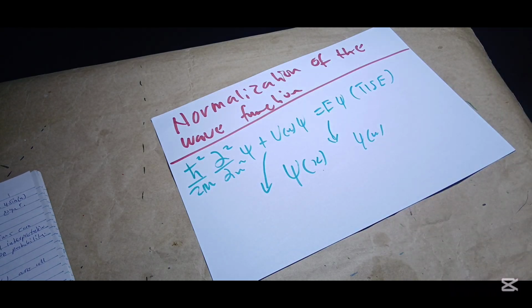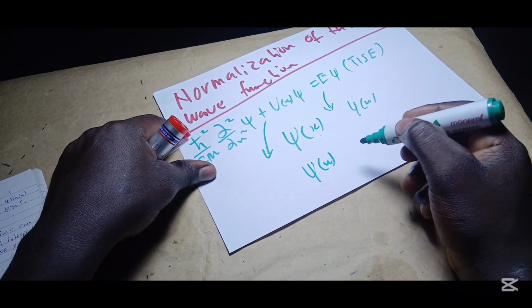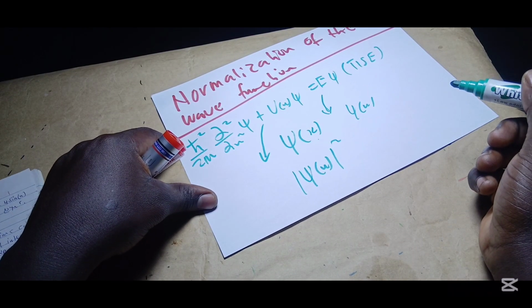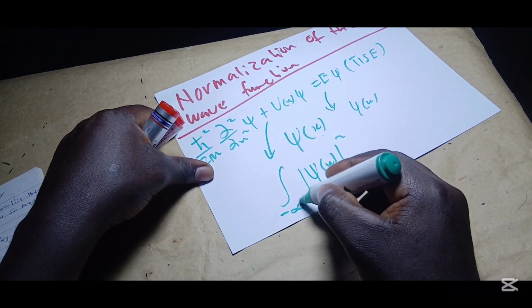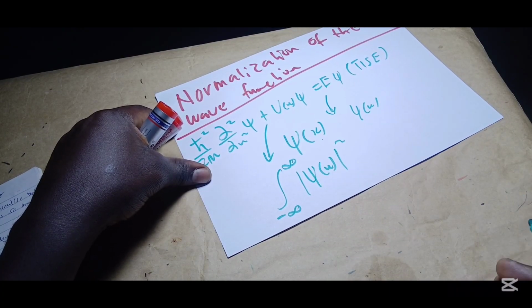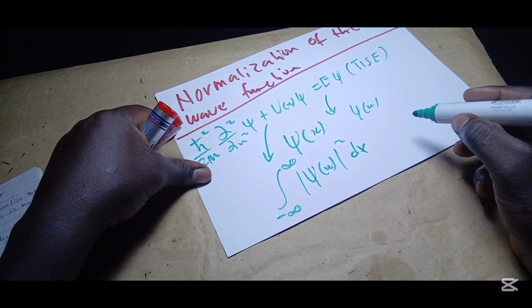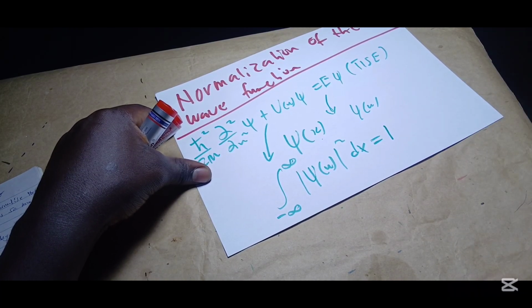But Max Born said that the absolute square of the wave function should have something to do with the probability of us finding a particle in the system. If we integrate from negative infinity to positive infinity, which is the entire space, we must find the particle there. The probability should be equal to 100%, which is 1.